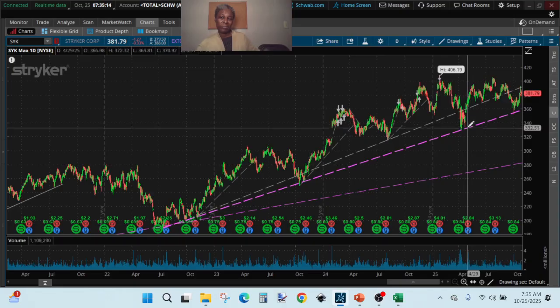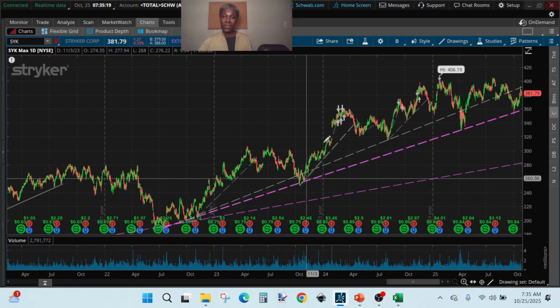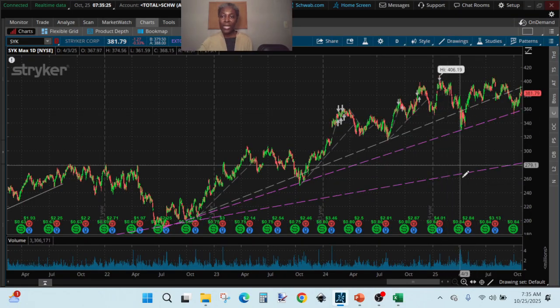But again, I just feel like it's a little bit steep, and with those jagged teeth that it is making, there is a chance it might pull back to this. Not being certain on which one it is, I just prefer not to take any action.